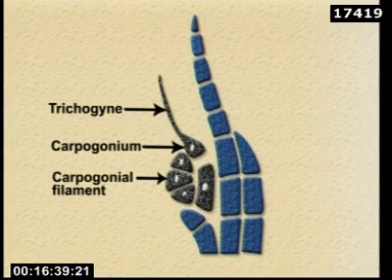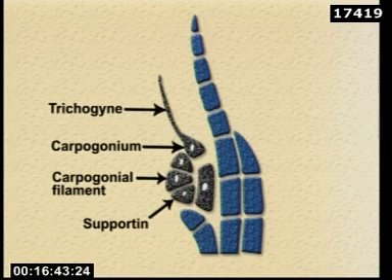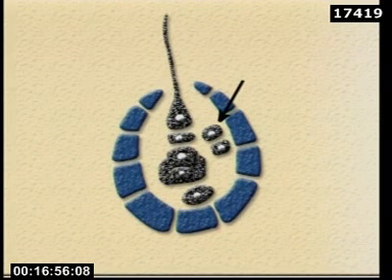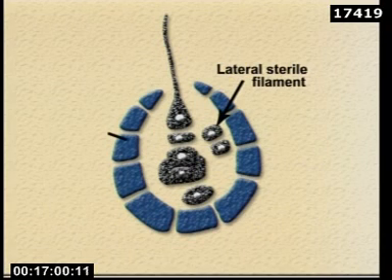The basal cell of the carpogonial branch is termed the supporting cell. It cuts off two stRial filament initials, one towards its base which remains undivided, and the second laterally which divides immediately to form a two-celled lateral filament.